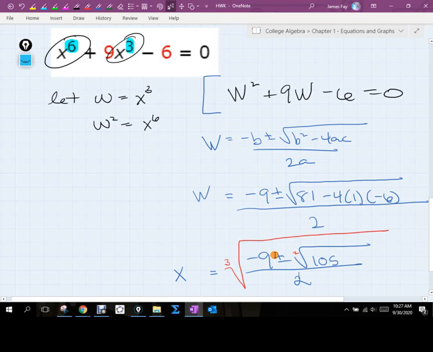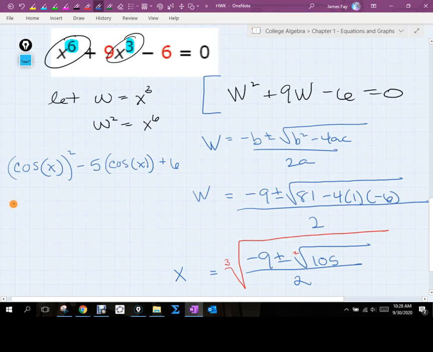Trig is going to do something like this, just to give you a little foreshadowing here. Let's go cosine squared of x minus, let's say, 5 times cosine of x, plus 6.